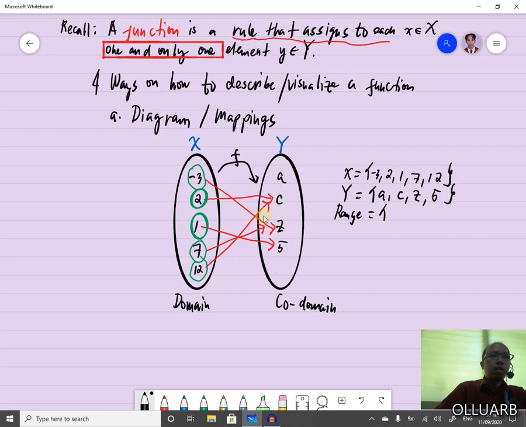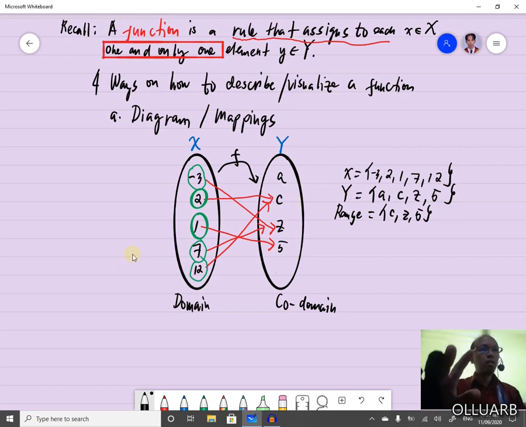Meaning to say, notice here, only C, Z, and 5 are mapped from elements in the domain. So meaning to say A is not included. So letter A, or the object A, is not part of the range of this function.